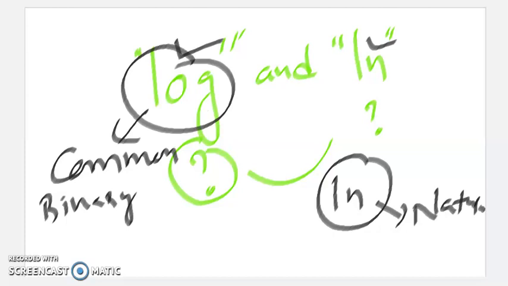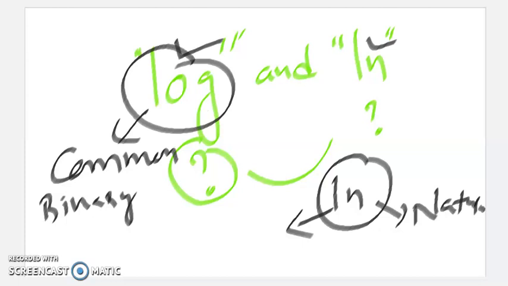If no base value is given in any problem, we treat these logarithms as natural logarithms, denoted by ln.